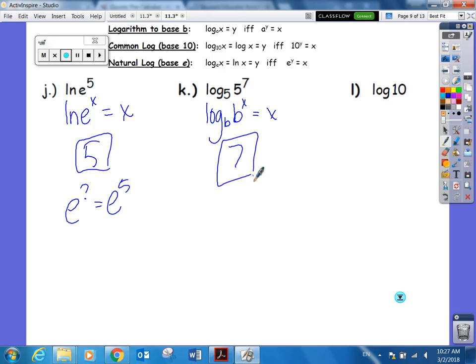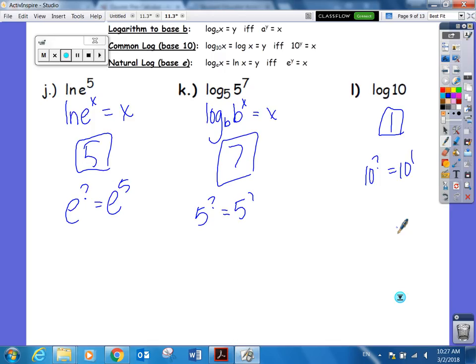What we've been doing, 5 to the what equals 5 to the 7th, the answer is still 7. Completely up to you which way you want to think about that. And then again, the log of 10 is just going to be 1, or you can think 10 to the what equals 10. 10 to the first equals 10 to the first, so that's equal to 1.